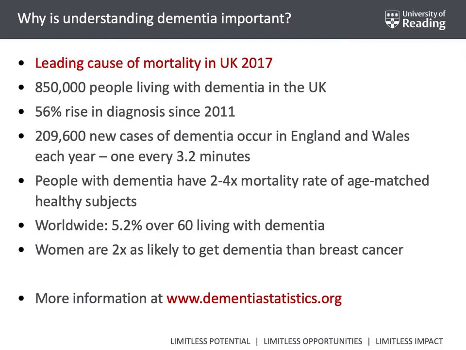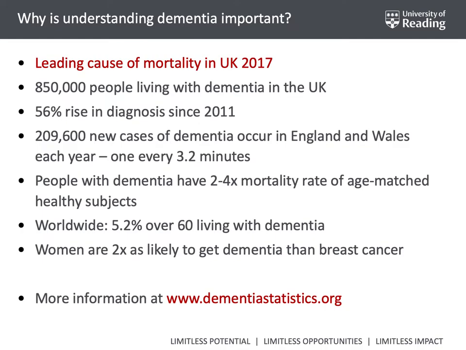So why is it important that we understand the mechanisms and the biology of dementia? This slide highlights some startling facts about why it's important to do that research, to understand what's going on in the brain, to develop new medicines and potentially cure Alzheimer's disease and dementia.